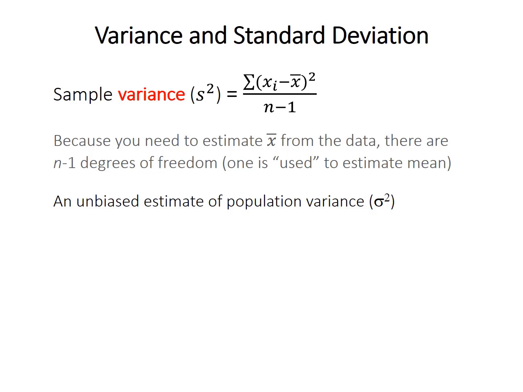We've used one of them to estimate the sample mean from the data itself. And so the sample variance, s squared, is an unbiased estimate of the population variance, which is sigma squared. And unbiased just means that there's no tendency, it's not going to be high or low. It's not going to be perfect, but it's not going to be biased or deliberately in a higher direction or a smaller direction from the population value.